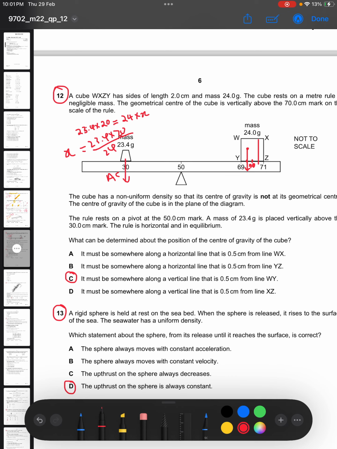So at the 70 centimeter mark to 71, that's 1. So if it's in between 70 and 71, then 50 to that point will be more than 20, which would not work. So the final answer is that it must be somewhere along a vertical line that is 0.5 centimeters from line WY. The equation would be simpler than I just calculated, but I didn't have the calculator there.